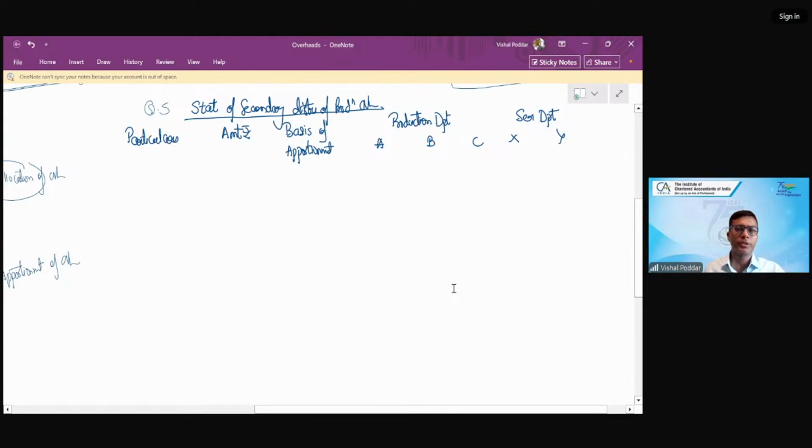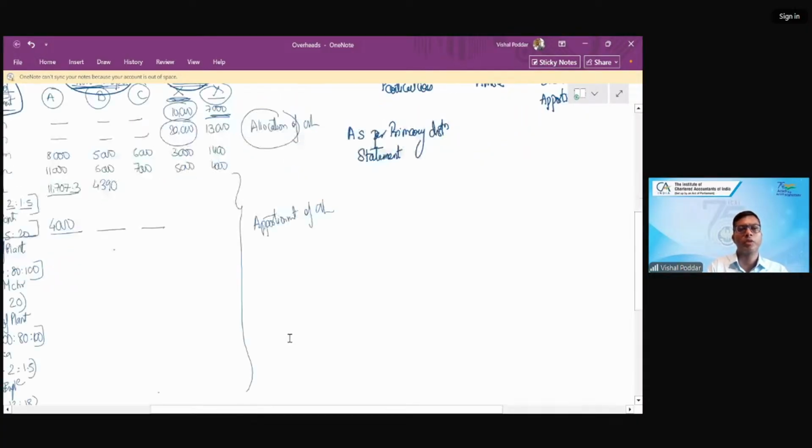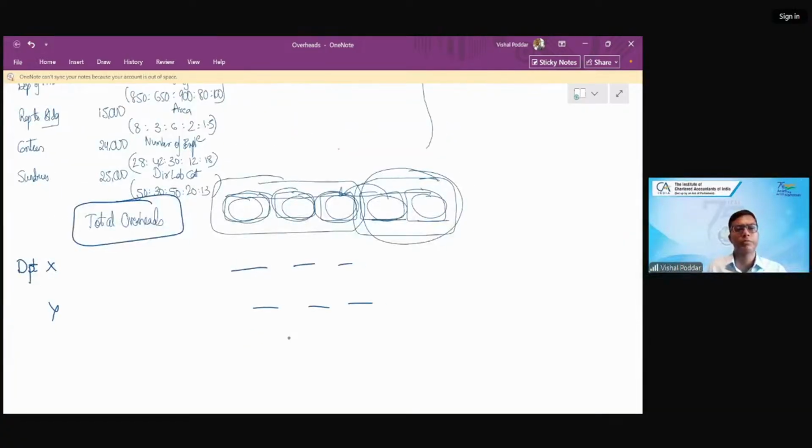Now, since in this question we have to do secondary, my starting point is as per the primary distribution statement. So, in short, we are starting from this stage. What you will get by solving in primary is the total of all the departments A, B, C, X, Y. And after that, you will do the secondary part. So this question of secondary will start from here.